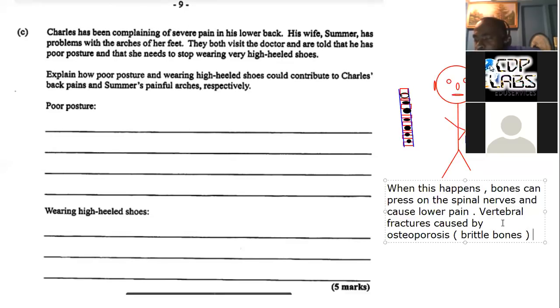There is a ball and socket joint there. Ball and socket joint. Okay. What kind of bones are there? Mona, you're supposed to know.